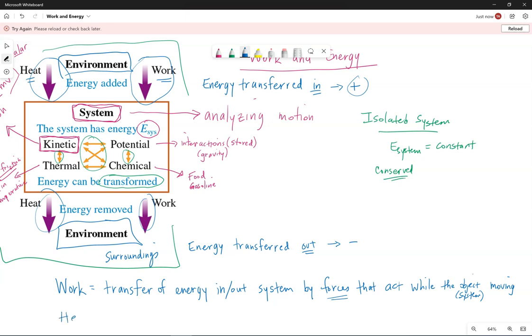Heat is a transfer of energy because the system and the environment have different temperatures.